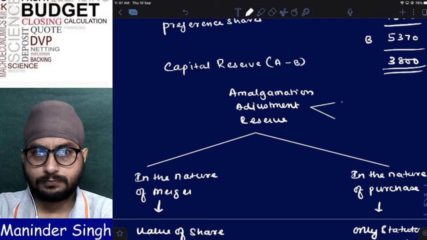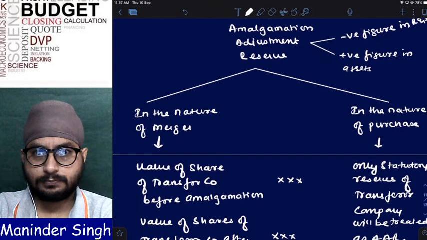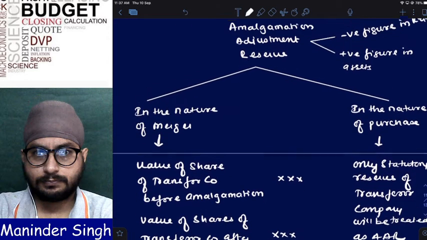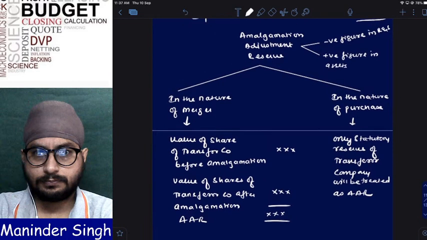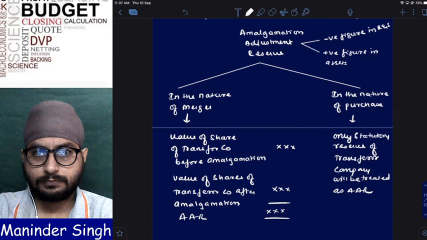Can I show it as a negative figure in reserves and surplus? I can also show it as a positive figure in assets. Correct or not? So amalgamation adjustment reserve, I hope you understood. Please make a note of this first. Once you are done, let me know.